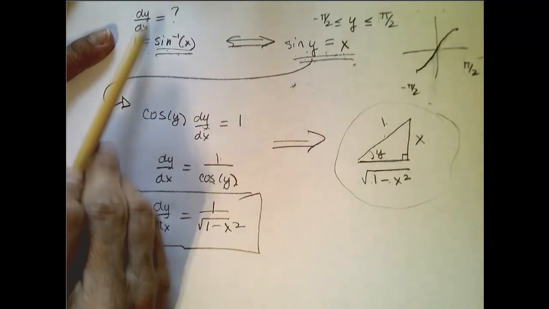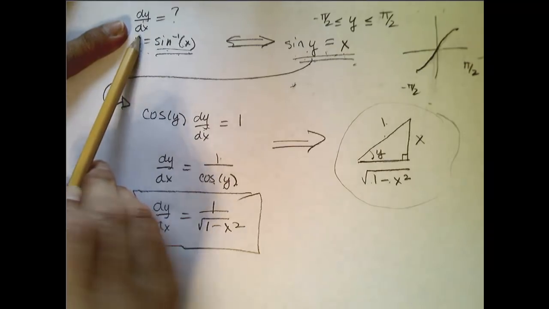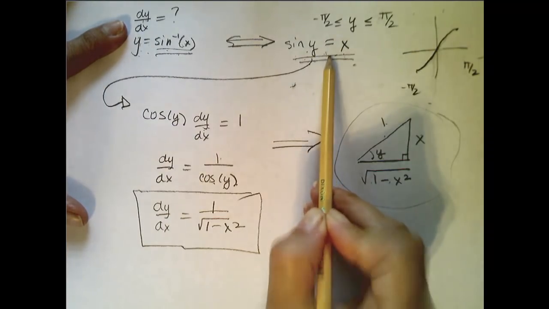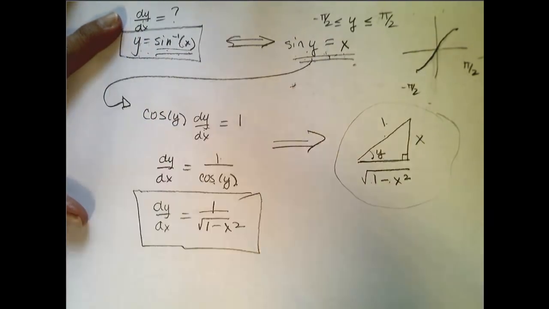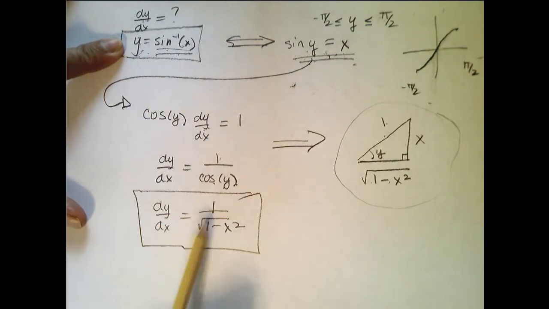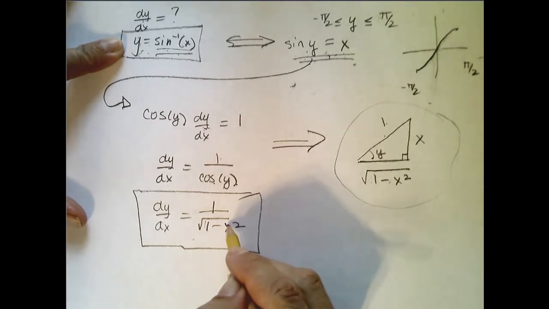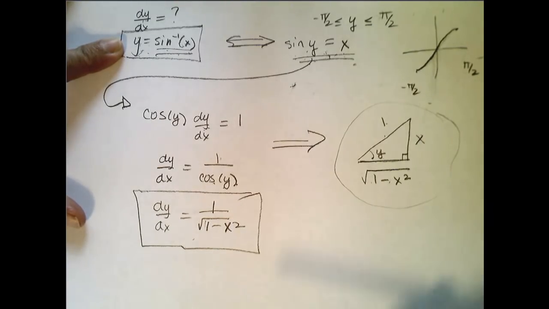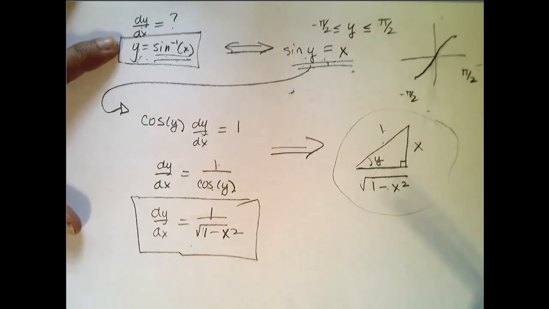So I was able to find dy/dx implicitly over here because I didn't know how to answer it right there. So if y is sine inverse of x, dy/dx is 1 over the square root of 1 minus x squared. All right, let's see if we can do the same thing with cosine inverse.